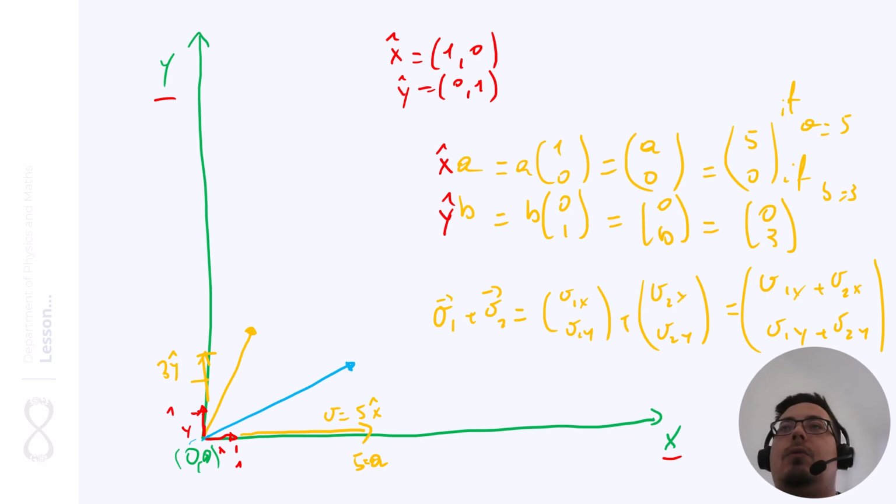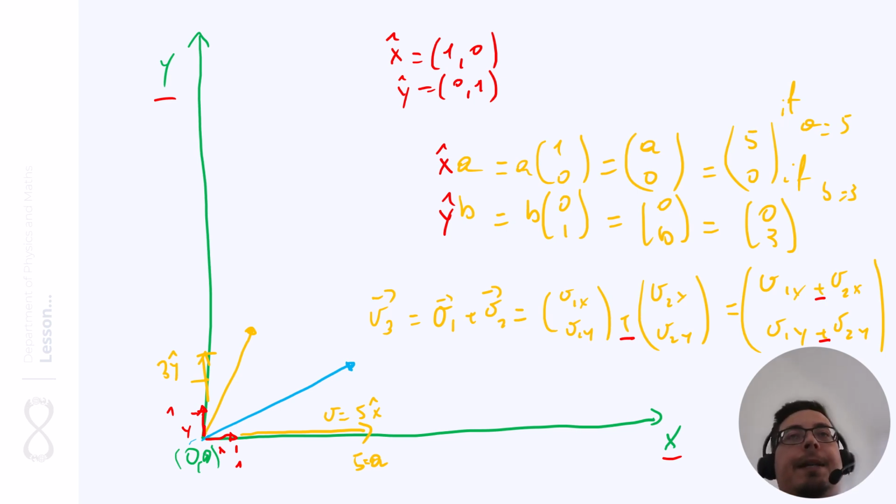Therefore, you find another vector, V3, which is the sum of the two vectors. The sum can also be a difference, it doesn't matter, so you can sum or subtract two vectors.